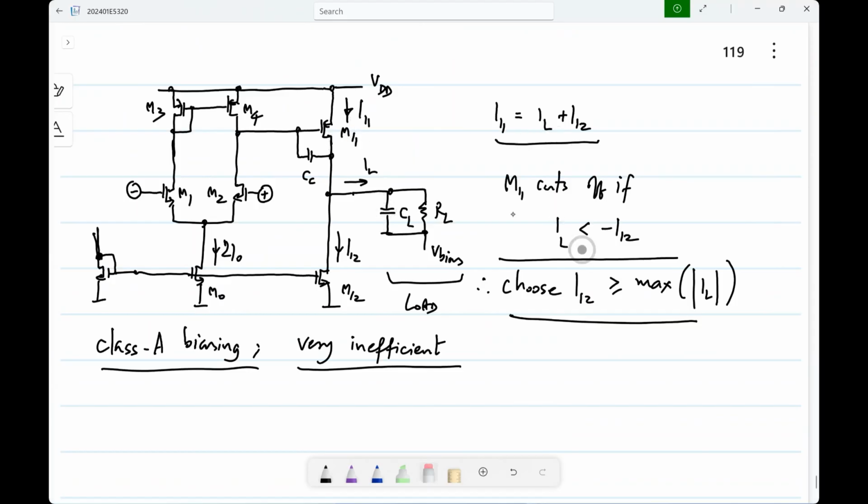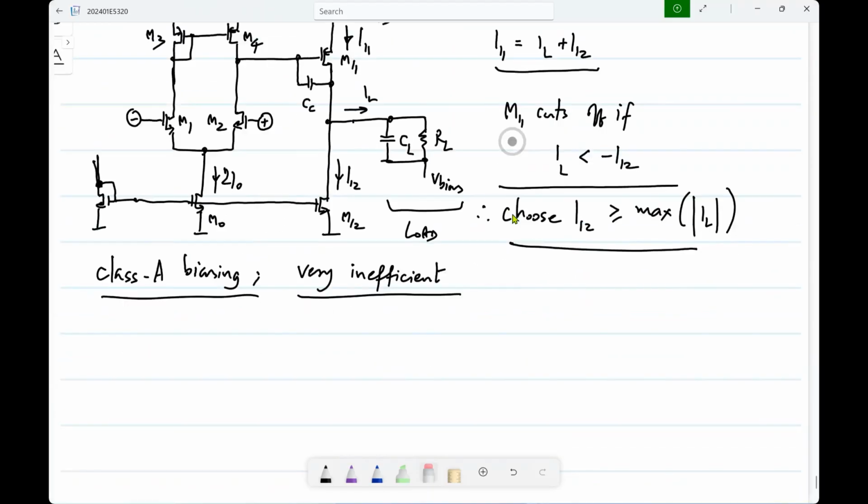Here also, it's only the negative values of IL that are a problem, right? That is because this current is fixed, whereas the current coming from the top, that is not fixed, that is dependent on the signal, right? That is driven by the previous stage. So if a larger current is required, essentially the negative feedback will drive this gate downwards and then push more current through the load. That is basically what is going to happen, right?